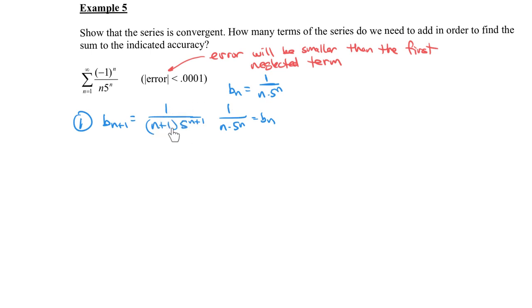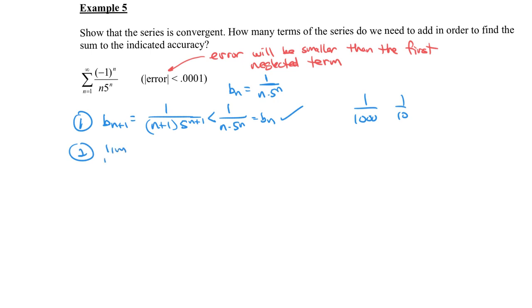So if the denominator is bigger, it means this is smaller, right? Just like if I have an example, 1 over 1,000 compared to 1 over 10, the larger denominator makes a smaller number, right? So that means that we have an inequality going this way. So we can say that this is less than that. So in other words, the terms are decreasing in absolute value. So condition 1 is satisfied.